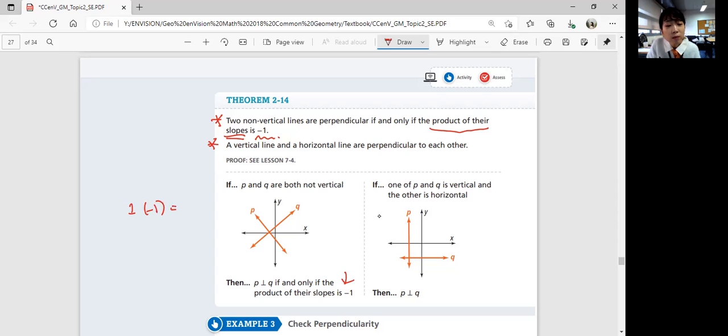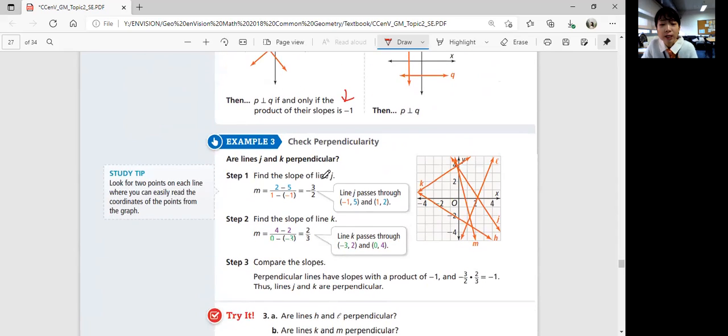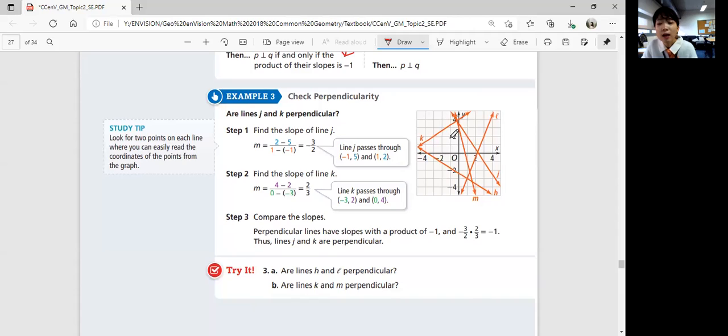If you multiply them, do you get -1? Yes. Then that would be perpendicular lines. Make sense? And if P and Q are vertical and horizontal, they are automatically perpendicular lines. Okay, let's look at example 3. Check perpendicularity. Are lines J and K perpendicular? So also for checking perpendicularity, you need to figure out the slope first.